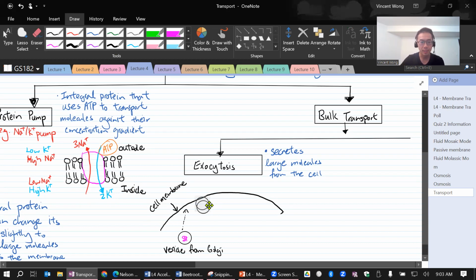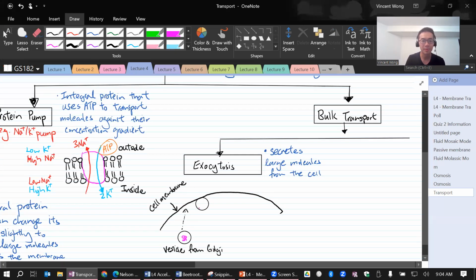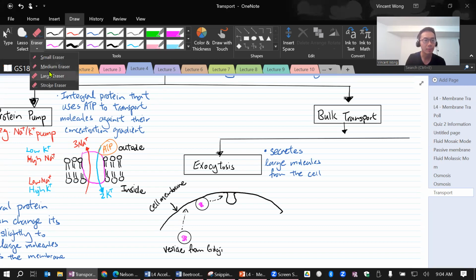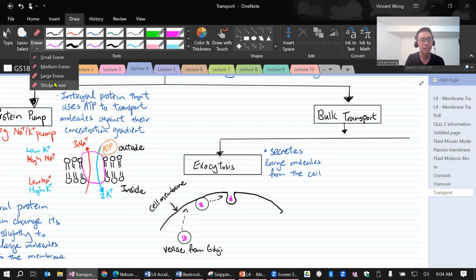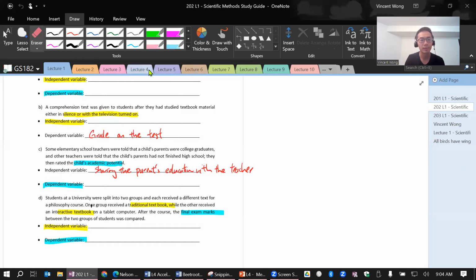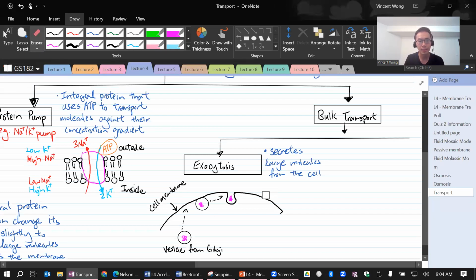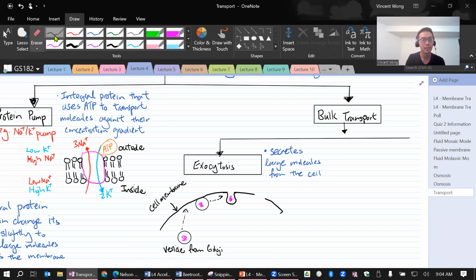It's going to touch the cell membrane. Let's get closer right here. There we go. And then it is going to basically open it up a little bit like that. Okay, and then finally, it is going to basically open up completely.